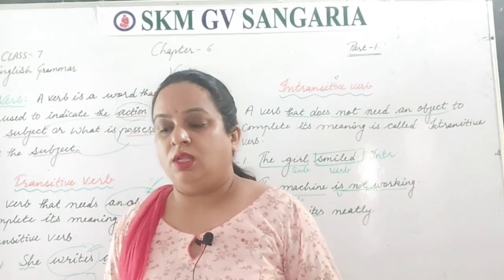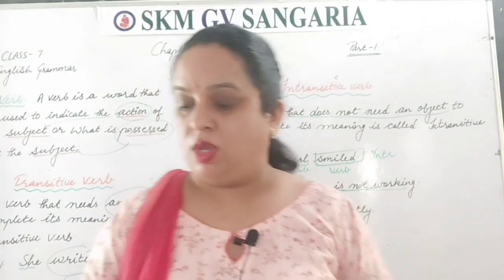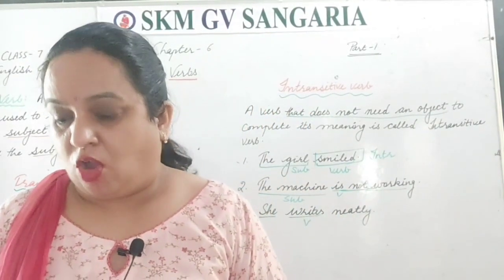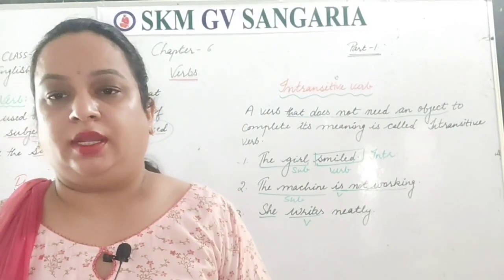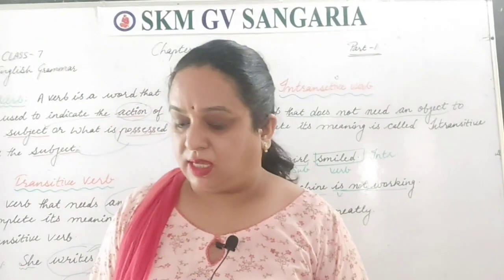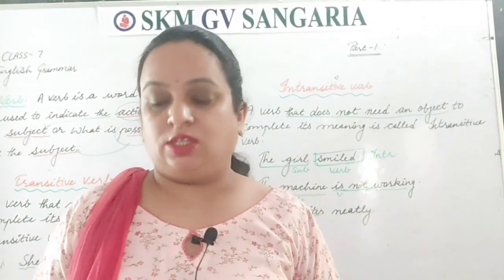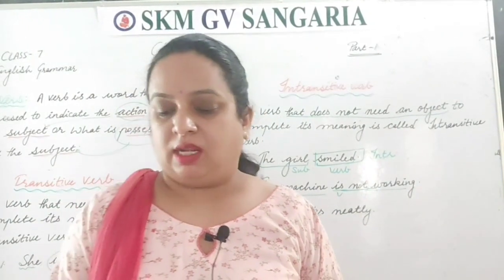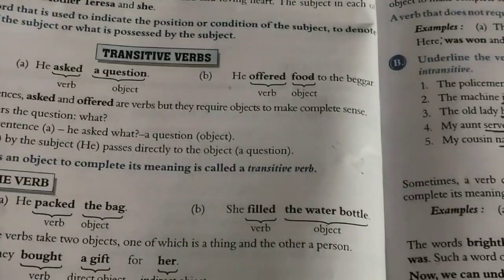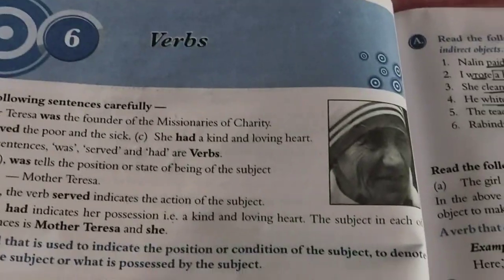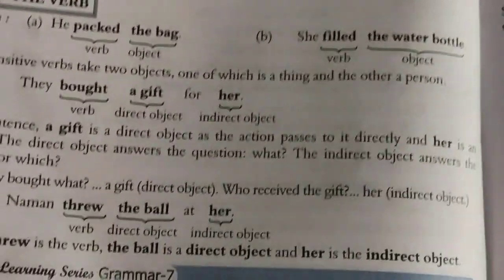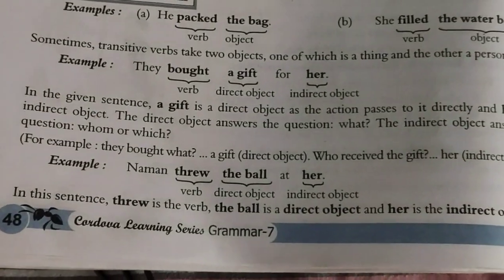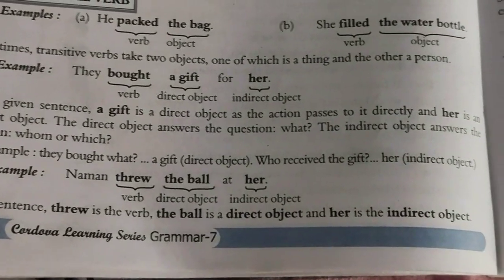Next, see what we have to do, the exercise part on page number 49. Let's see exercises A, B and C today in this video. Now let's see the exercise of your book, lesson number 6, Verbs, page number 48 of your Cordova Learning Series Grammar.